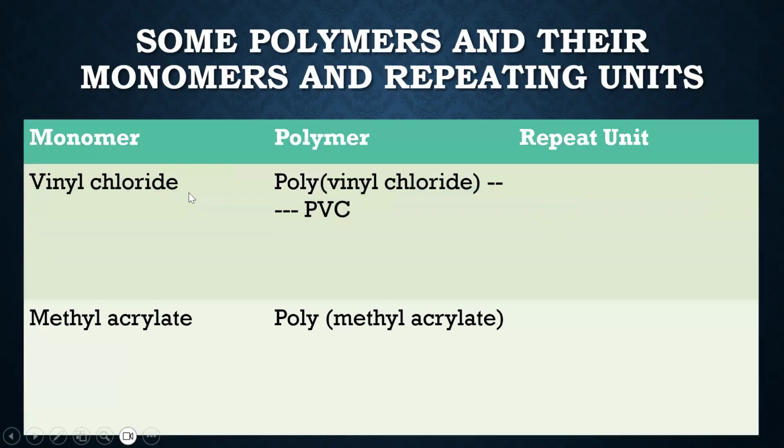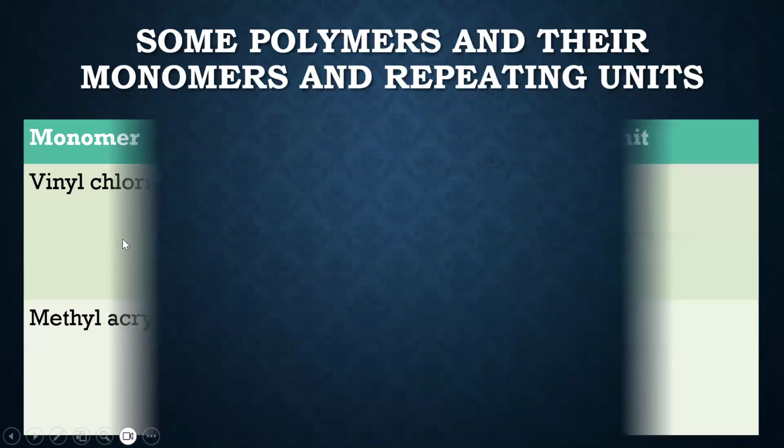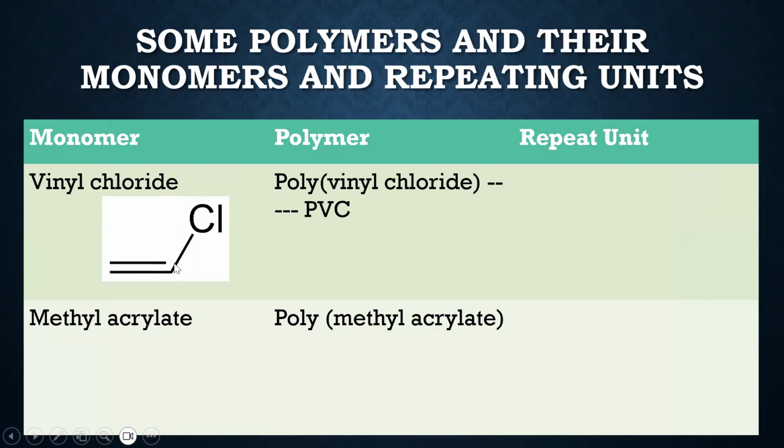Vinyl chloride, a very famous example of polymer. So this is CH, and here we have CH2.